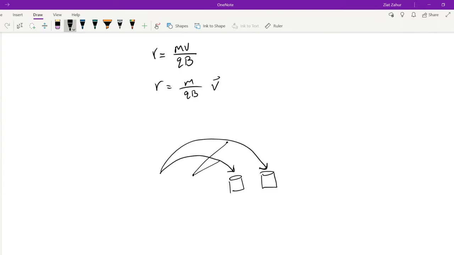Something with more mass is going to take longer to turn because it has more inertia. It requires more force, so it takes a much longer path to curve because it's harder to turn. Imagine trying to turn a bus versus turning a skateboarder or a bicycle. So the difference is just v over qB times delta m.